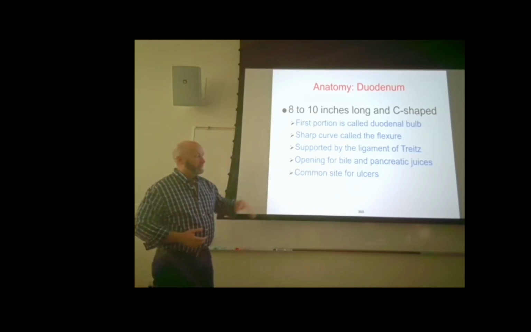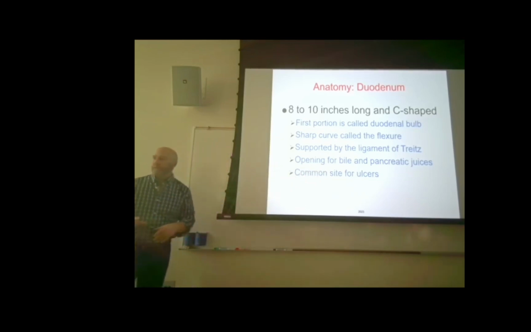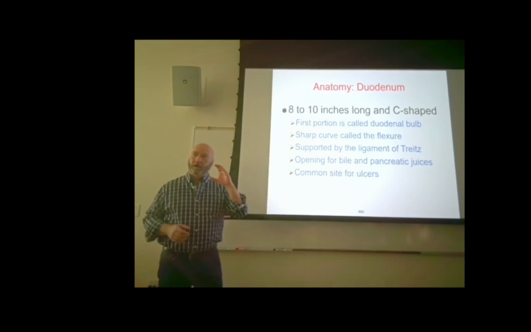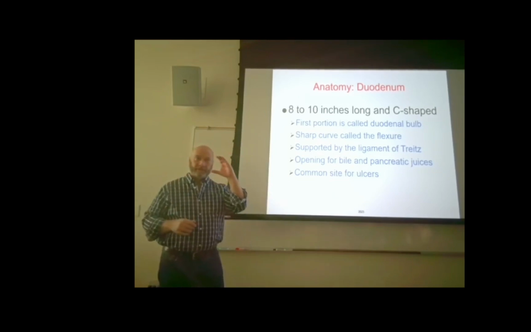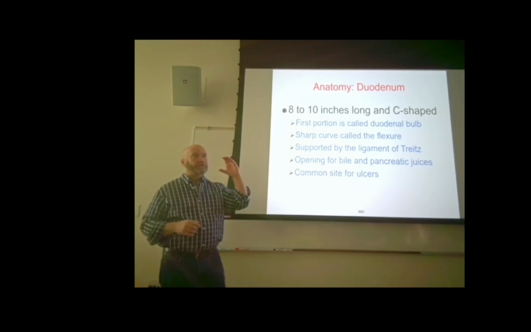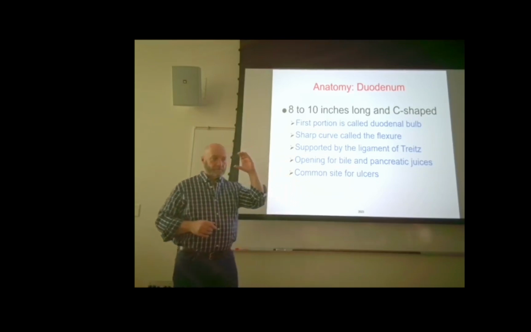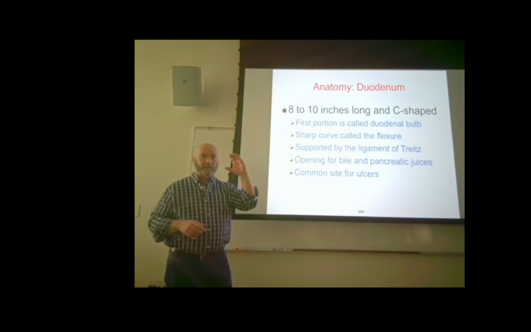So a lot of stuff going on just in that short portion of the duodenum. Also, it's a common site for ulcers, and on an upper GI, you should see the first portion of the small intestine, and it has a good C-shaped appearance on the image.